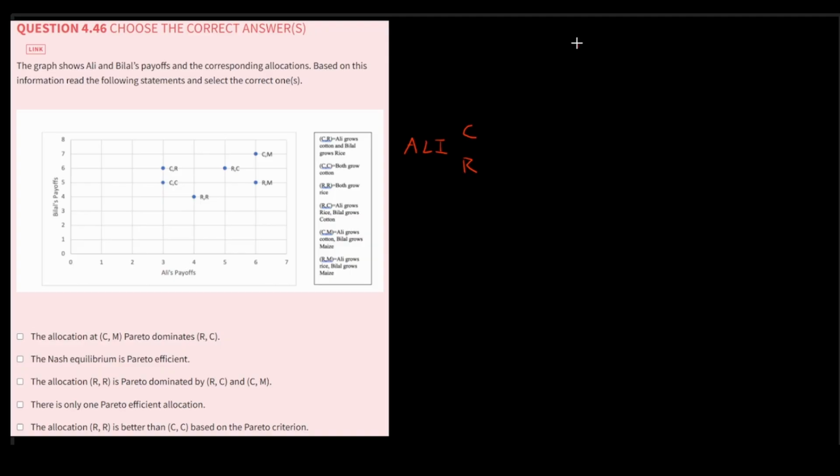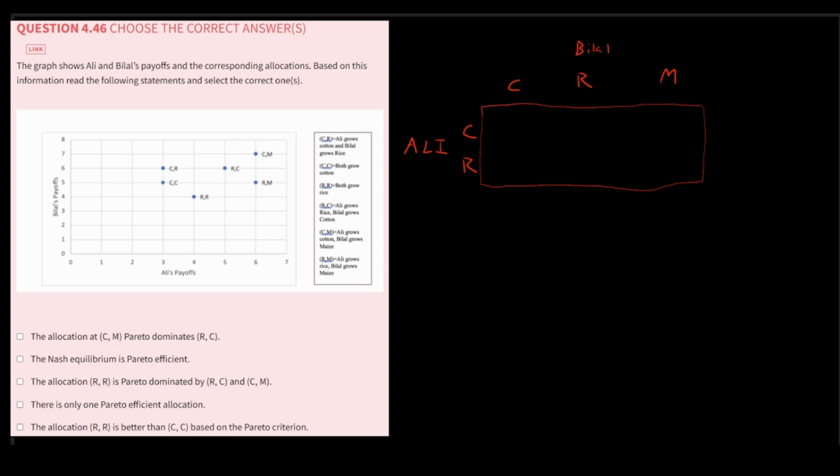We also have Bilal, and Bilal has the option of R, C, R, C, M, M. So Bilal actually has three options available: C, R, or M.